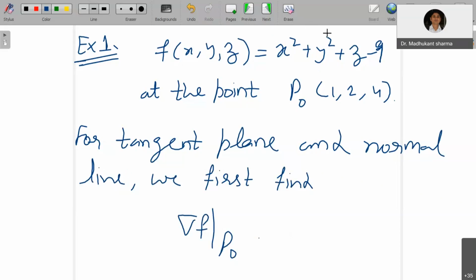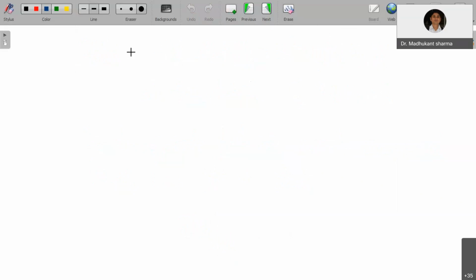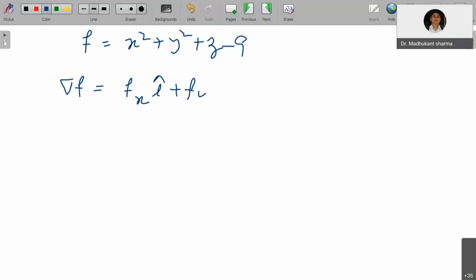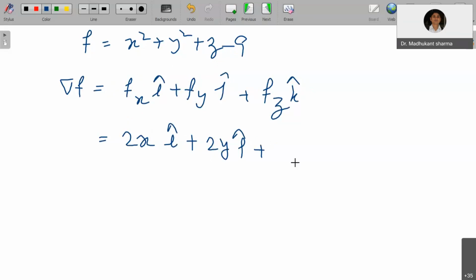So you have the definition of f, f = x² + y² + z − 9. What is grad f here? I'm writing fx i + fy j + fz k so that it will be clear to all. fx, the partial derivative of f with respect to x, is 2x i. fy, the partial derivative with respect to y, is 2y j. fz, the partial derivative with respect to z, is 1, that's k.